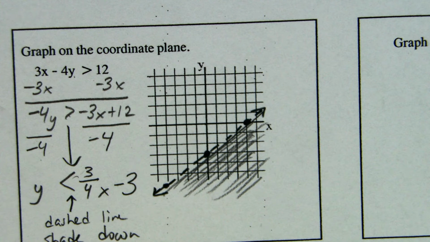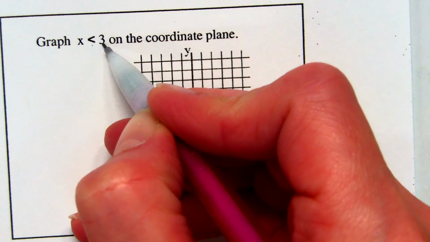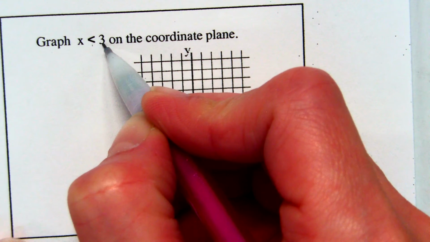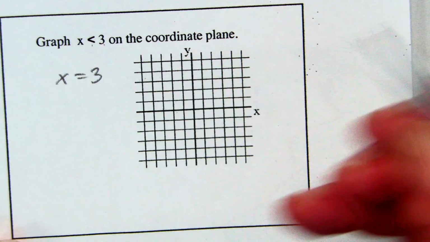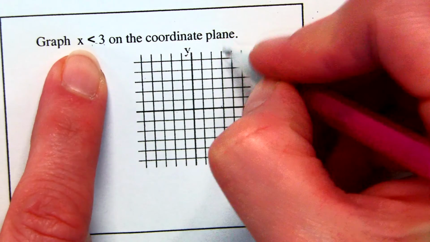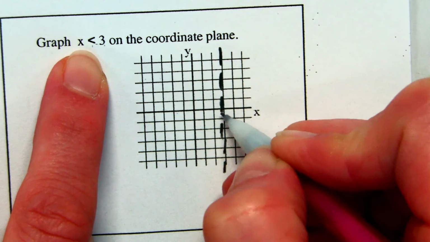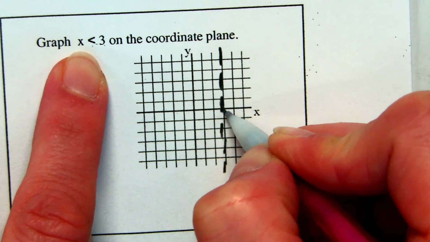The special cases are going to be the horizontal and vertical lines. So let's take a look at that. So on this, I just have x is less than 3. So we're going to start by graphing the line x equals 3, which would be this vertical line over here. Now since it's just less than, it's going to be dashed. So I'm going to put a dashed line over here where it goes through the x-axis at 3.